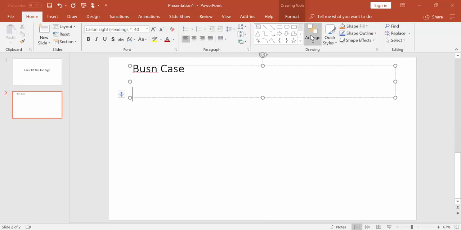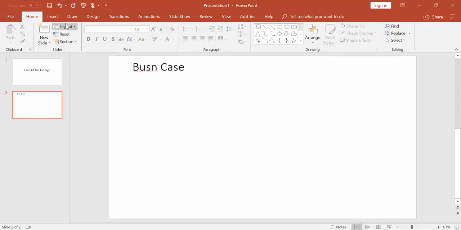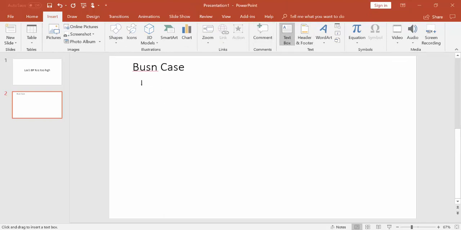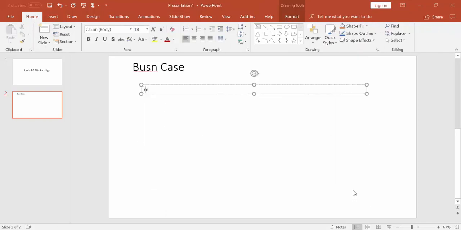All right, and that's where I would say something like, research shows that waist size above 36 inches in men directly correlates to heart disease. Right?